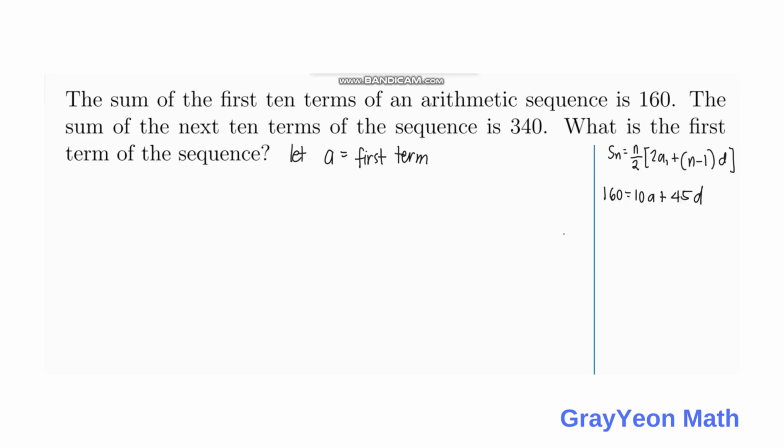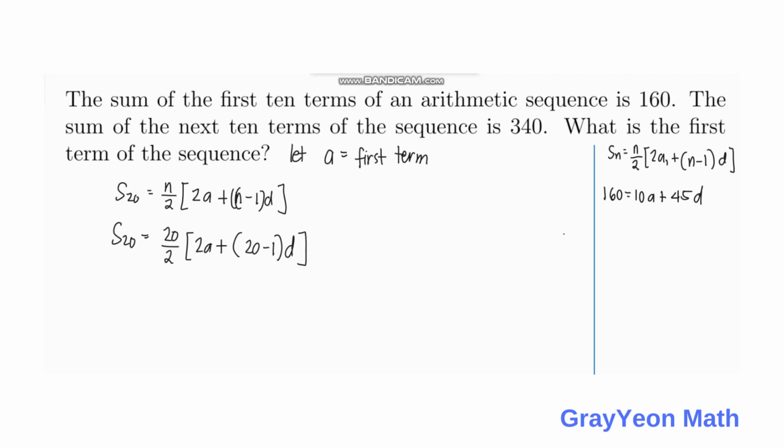Next, we consider that the sum of the next 10 terms of the sequence is 340. If we imagine this sequence, we should take the first term as the reference. So S_20 = n/2 times [2a + (n - 1)d], which is 20/2 times [2a + (20 - 1)d].